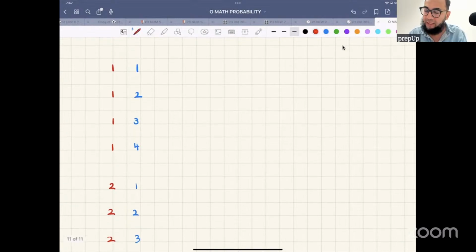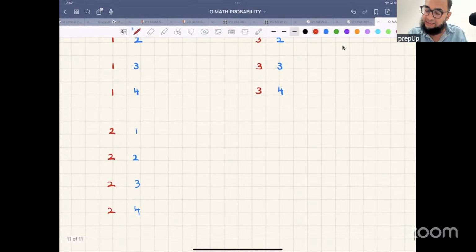Similarly, I can start with the 3 series, that is 3, 3, 3 and 3, and change the blue numbers, that is 3, 1 and 3, 2 and 3, 3 and 3, 4. And similarly, I can write the 4 series, 4, 4, 4 and 4. I can write over here 1, 2, 3 and 4.